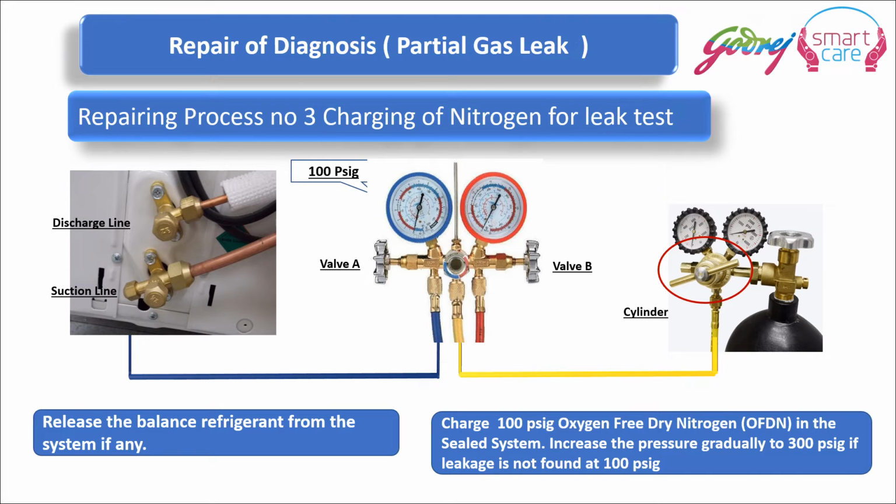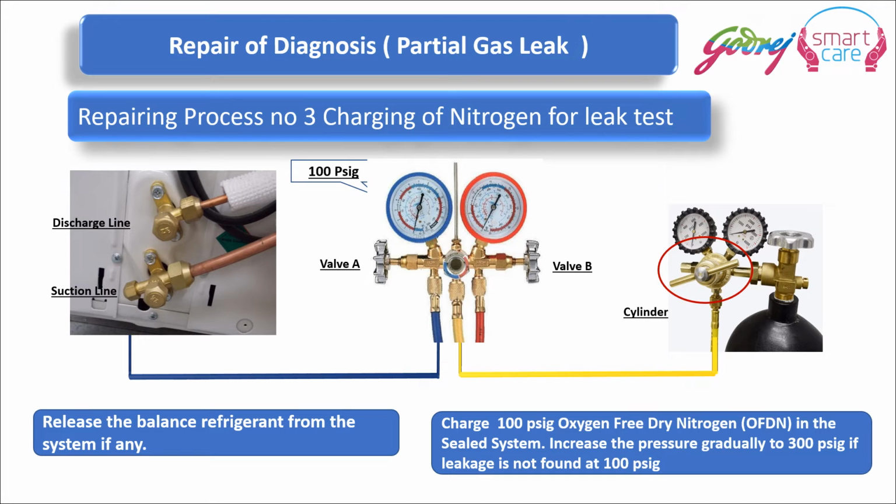We have to charge at least 100 psi of oxygen-free dry nitrogen inside the sealed system, and then check for the leakages, and gradually increase the pressure to 300 psi if the leakage is not found at 100 psi. Many leakages have a kind of capability to not reveal themselves at a lower pressure, but if you increase the pressure, those small pores will open up at higher pressures, and then there would be leakage.